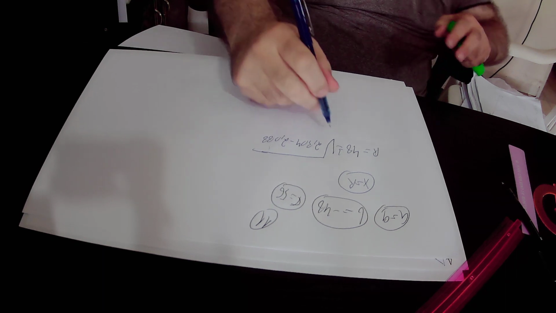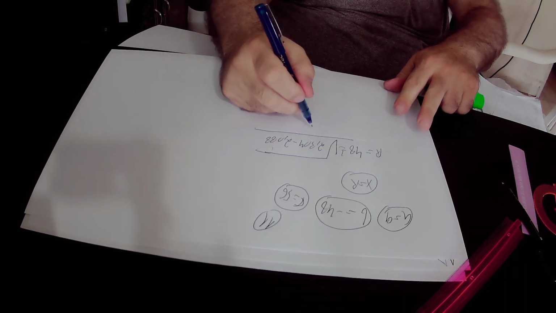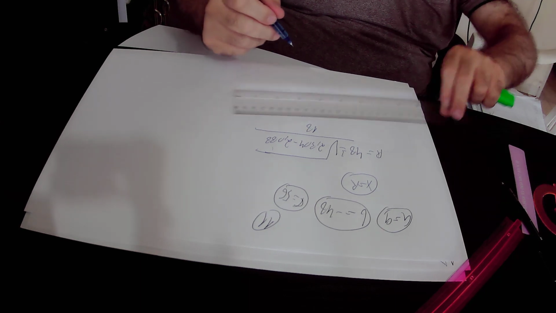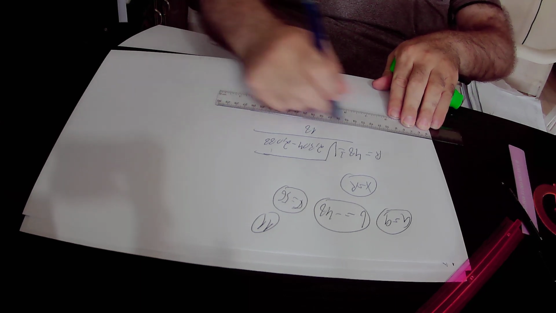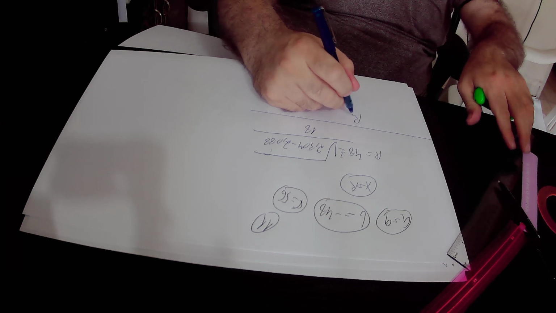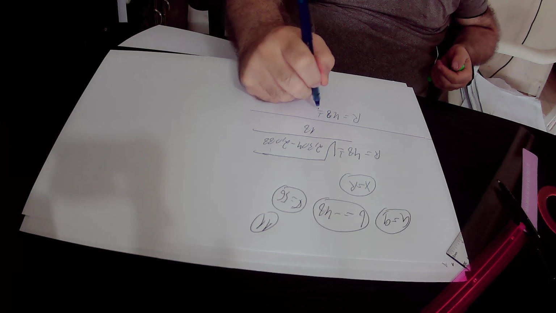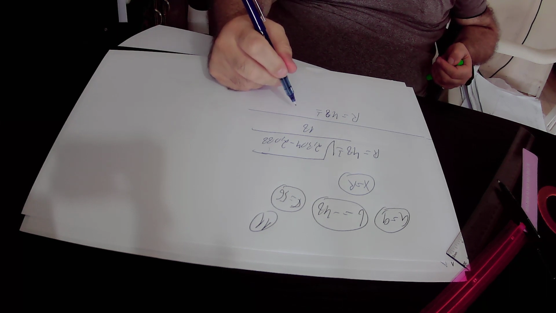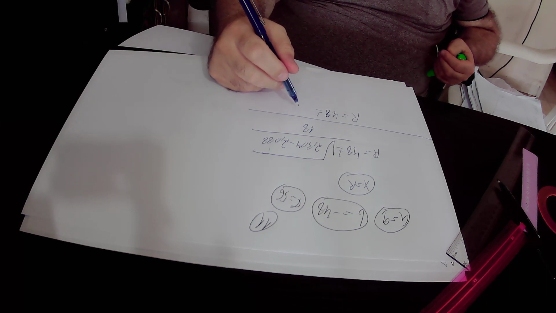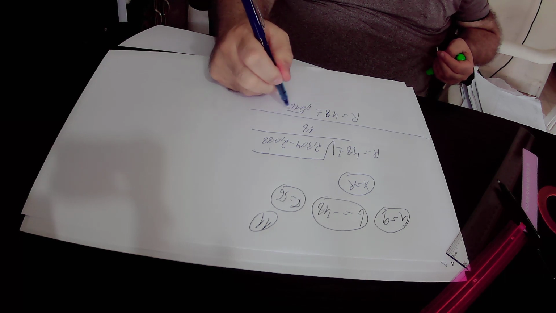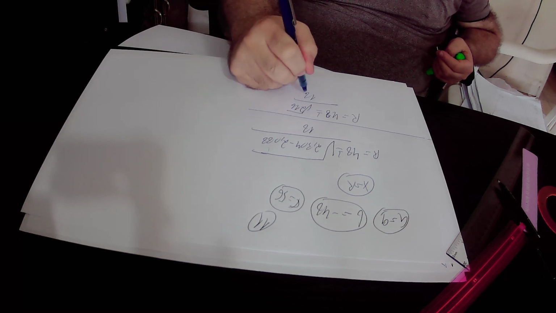All divided by 2a, a is 9, so 2a is 18. So here we found that R equals 48 plus minus the square root of 2304 minus 2088, which is 216, over 18.